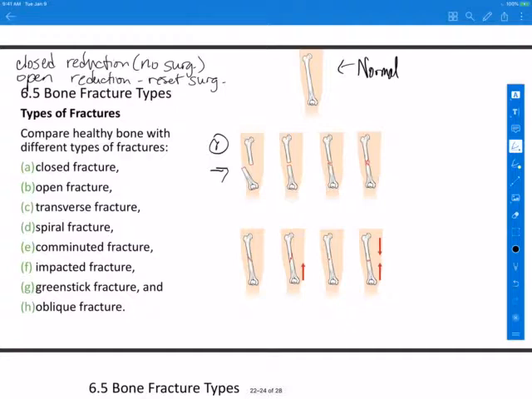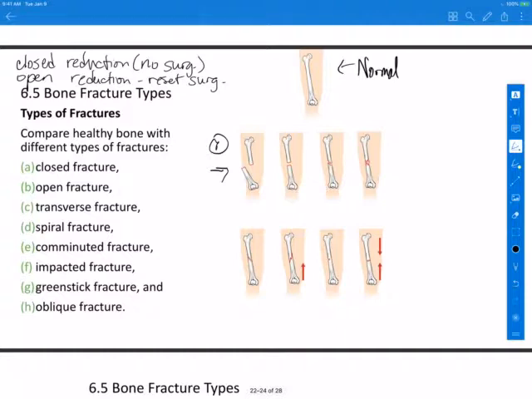Also, fractures can actually sever major arteries, like the femoral artery, for example. If you had a fracture that severed the femoral artery, you could bleed to death. So fractures can be serious, and they're classified by complexity and location.